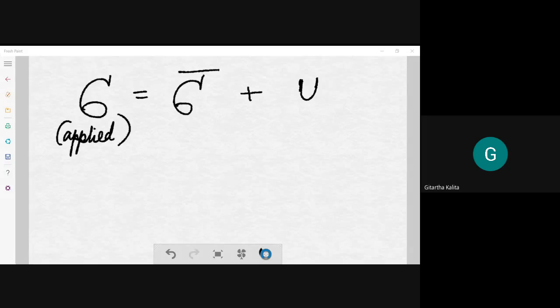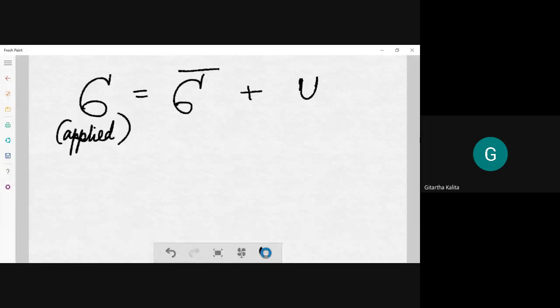Okay, so now, related to this equation, when we apply this stress just at the instant t equal to 0, the very initial point, we have just applied the stress. So the water will take the whole stress.